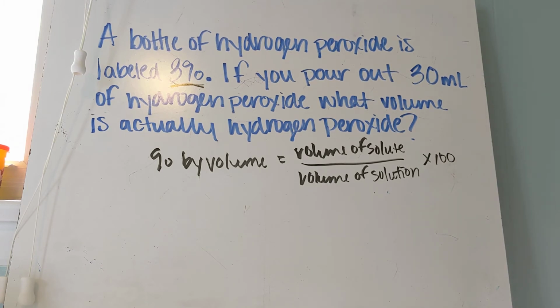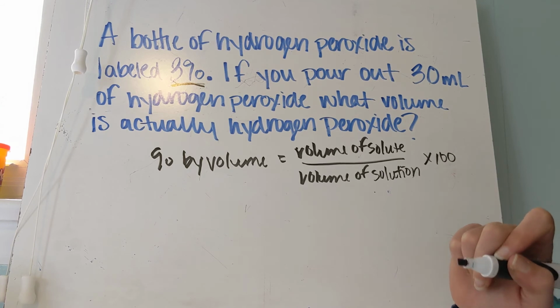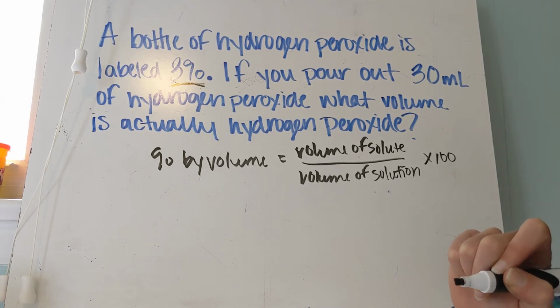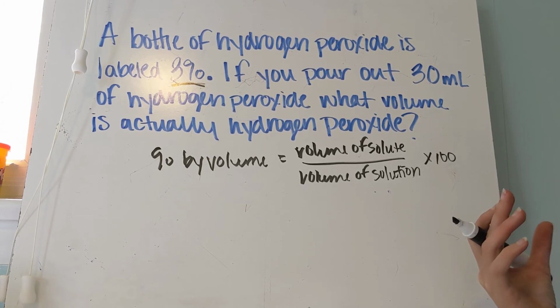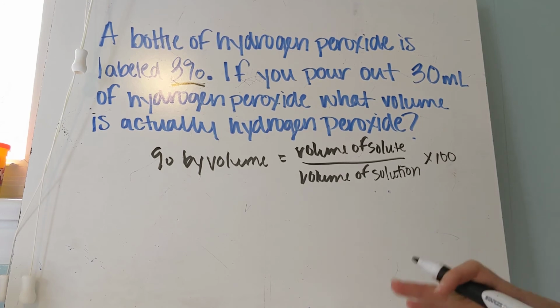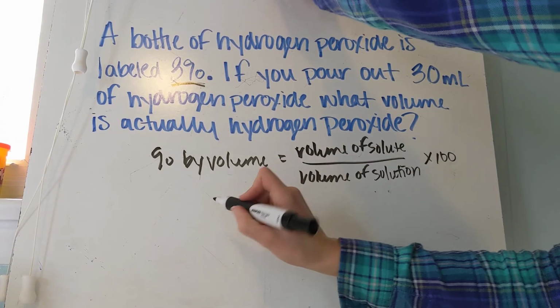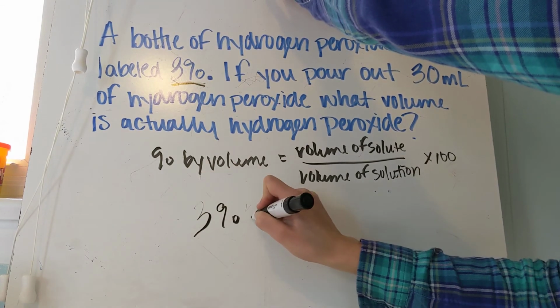So in this case, usually I like to go ahead and solve using my variables, but in this case, I'm going to actually go ahead and plug everything in. It's one of those random circumstances. So I have my percent by volume as 3%.